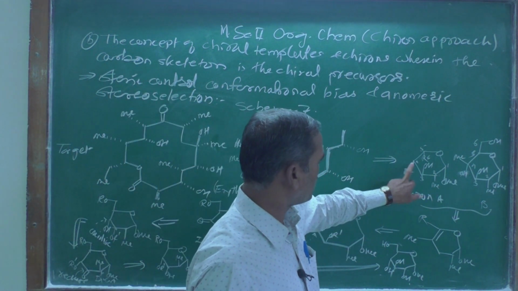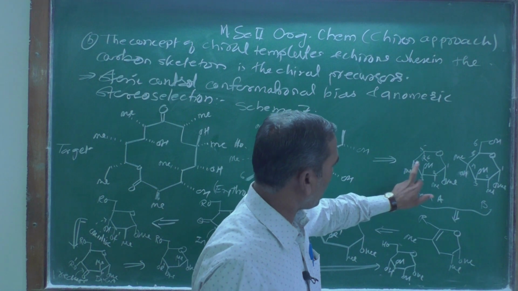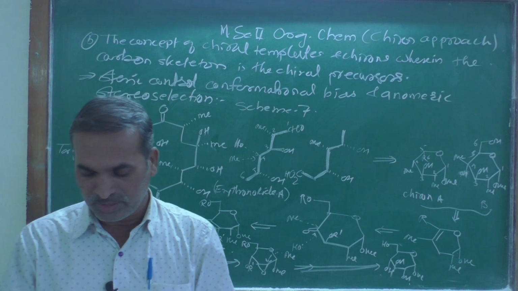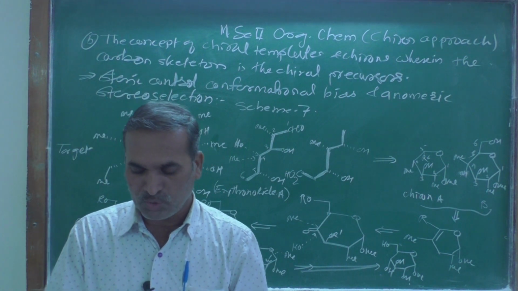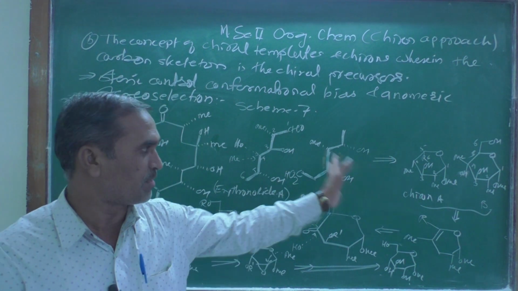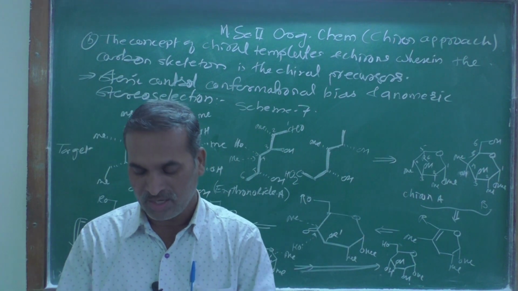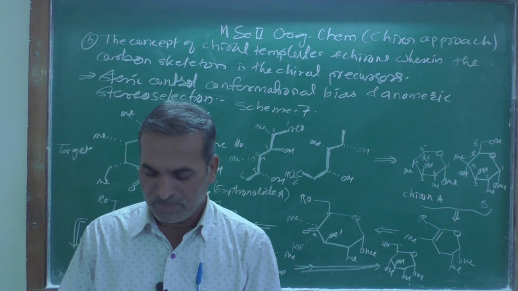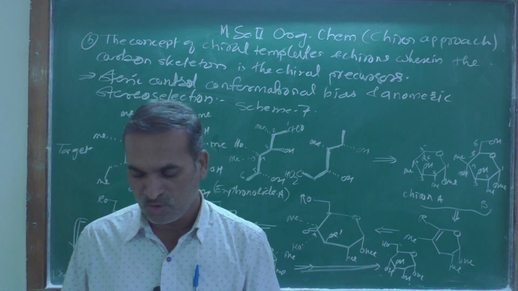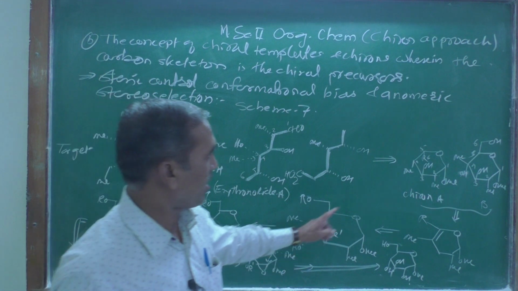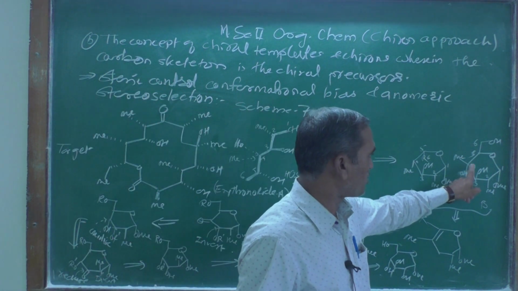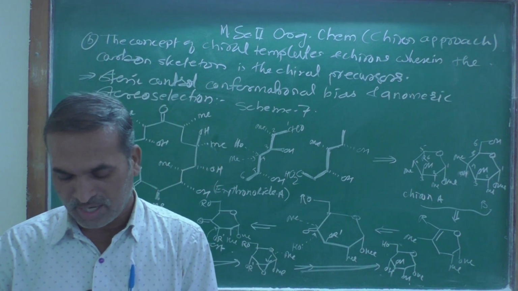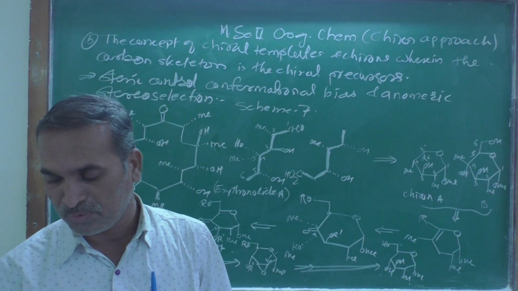These 2 methyl groups belong to the L series; L series specifically is considered over here. Chiron B has 1 C-methyl group at C2 and a branch point at C4. Look here, a tertiary hydroxyl group is present over there, a branch point at C4, and a D configuration.